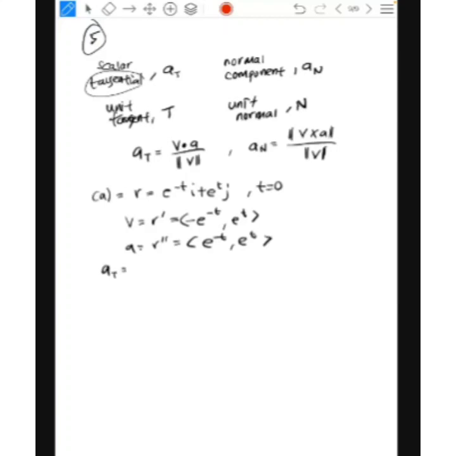So the product of R prime V dot A over V prime, which is negative exponent T dot with exponent T divided by negative exponent T squared plus exponent T squared.